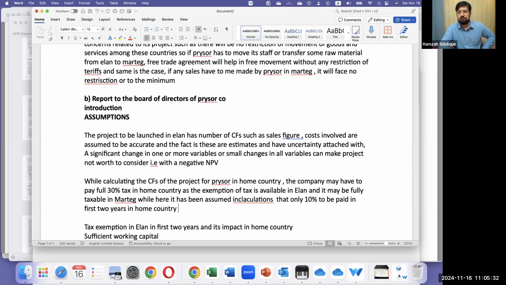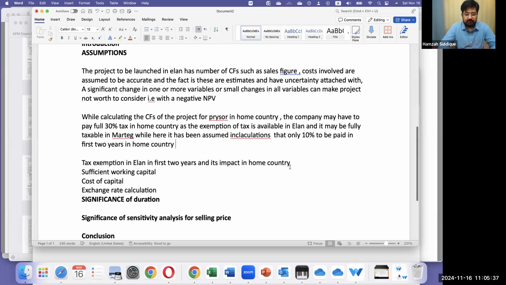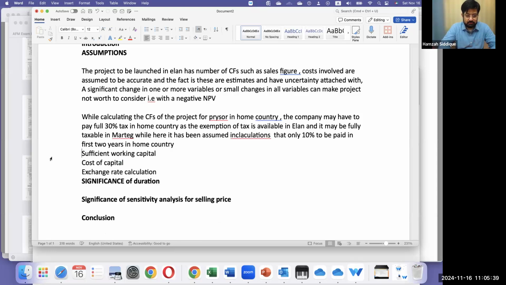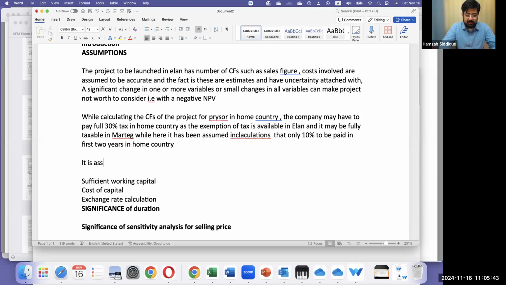Next. It is assumed that the company has sufficient working capital in the project already.